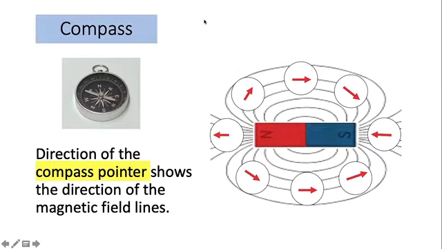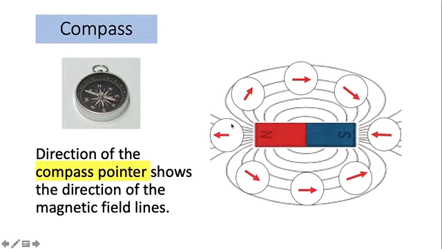Now, let's take a look at the compass. The compass pointer always shows the direction of the magnetic field lines. Here is the diagram. This is the magnet. If we place a compass around the magnet, it will show the direction of the magnetic field lines.